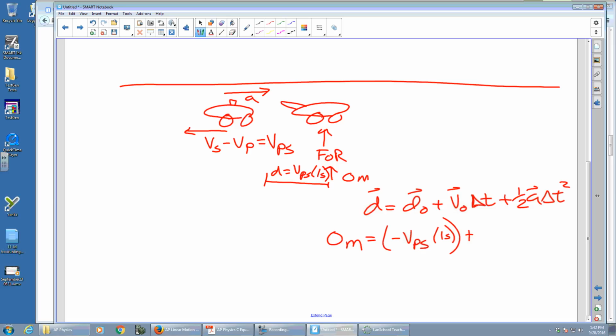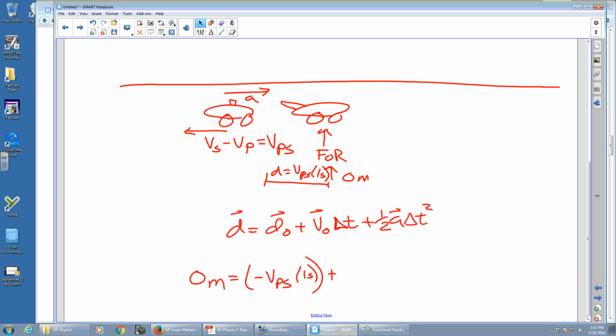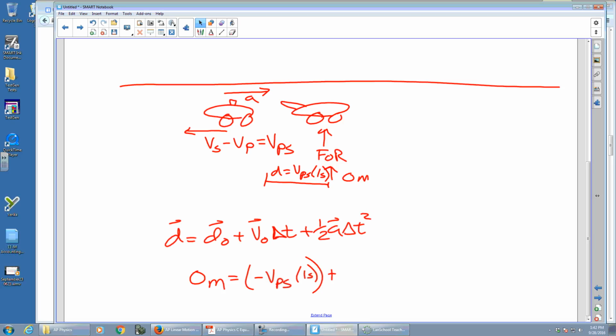I'm going to run out of room here, let me move this stuff. Plus negative v ds delta t plus 1/2 a delta t squared.